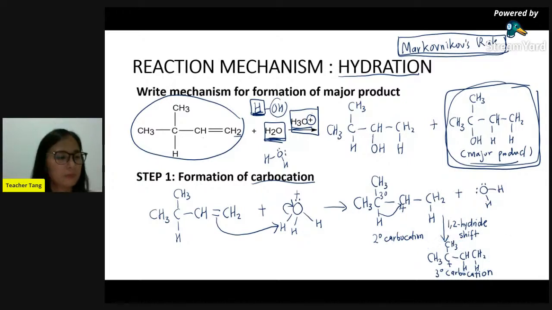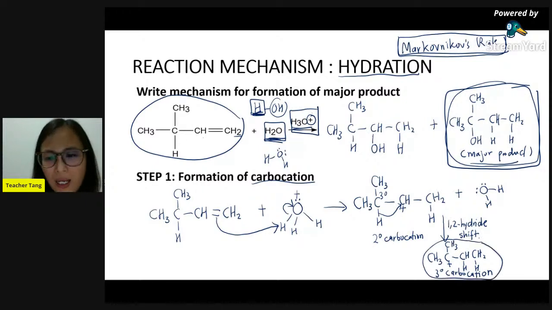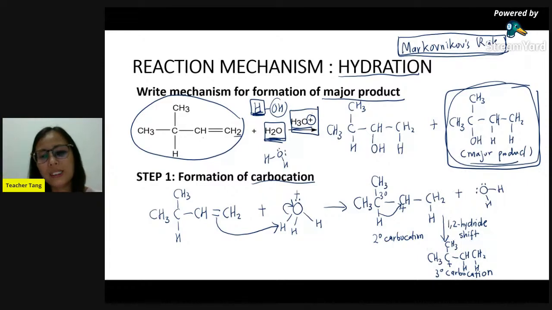That is more stable. Okay, so after we get the more stable tertiary carbocation, then because the questions want major product, so kita guna tertiary carbocation to do the next step. Okay, so to do the next step.